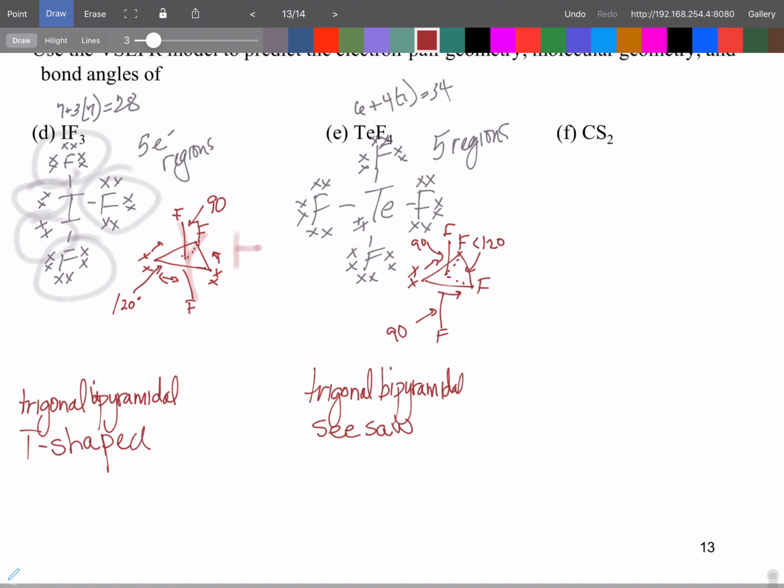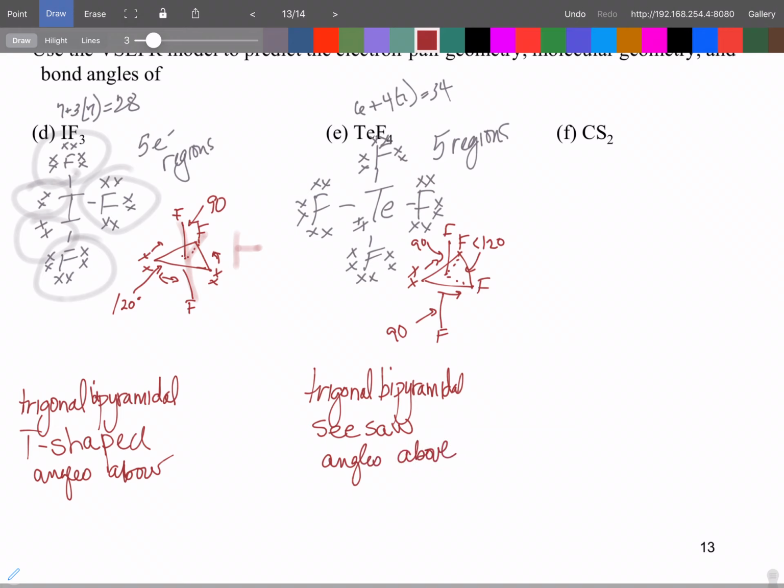I only want to know whether it's 120, 109.5, less than or greater than, okay? So here we have, notice that our angles are above, and I'm writing that in so you can know that we didn't skip it.